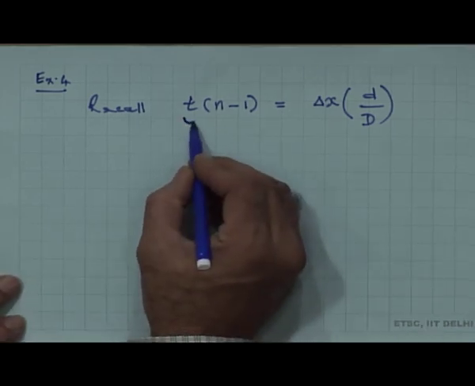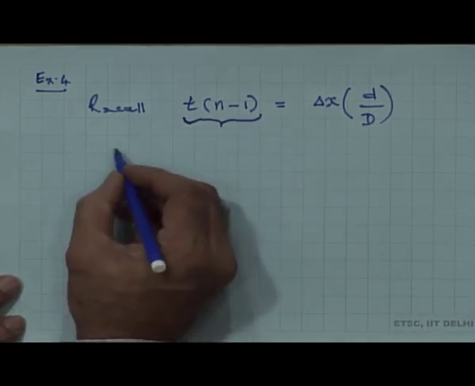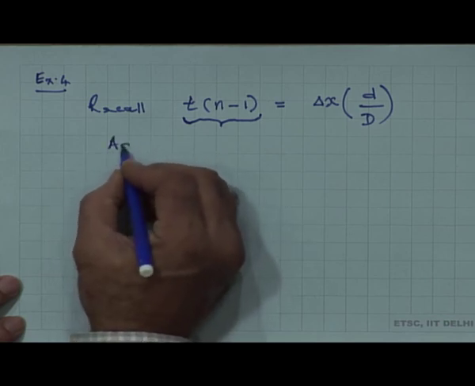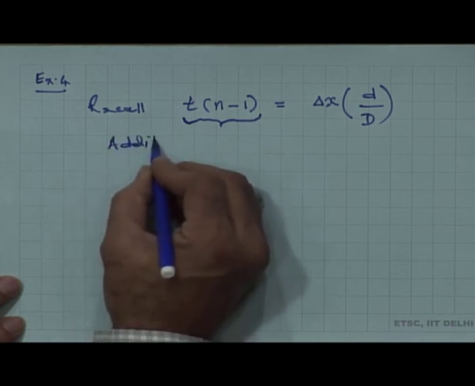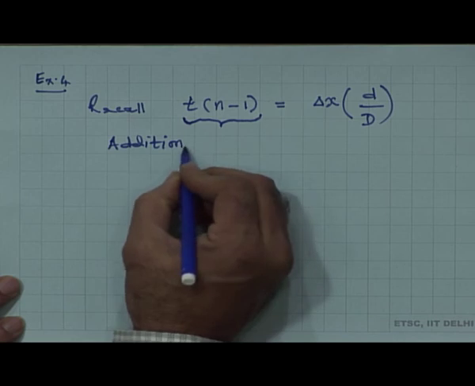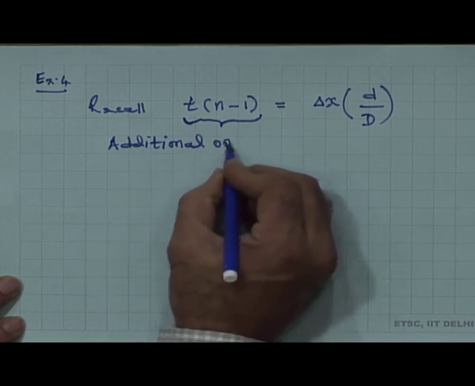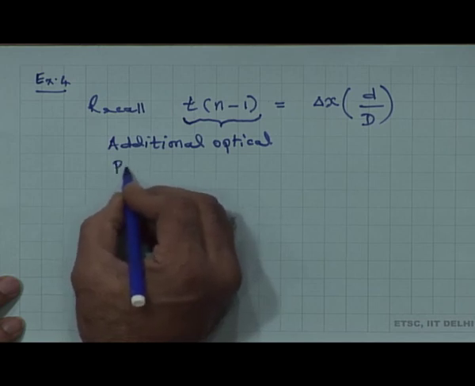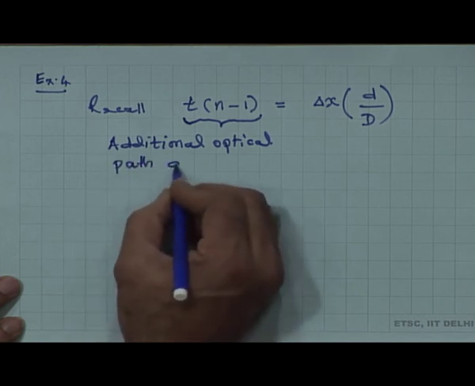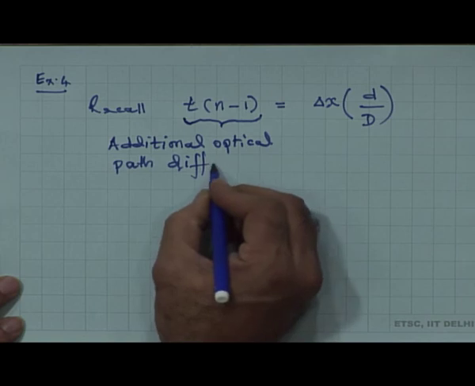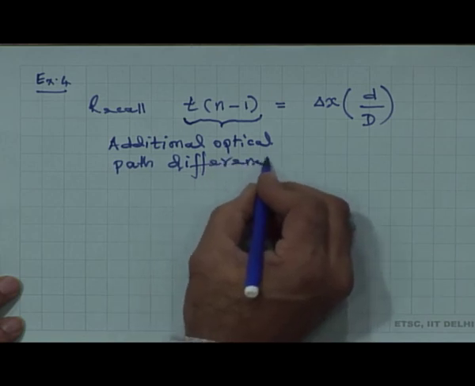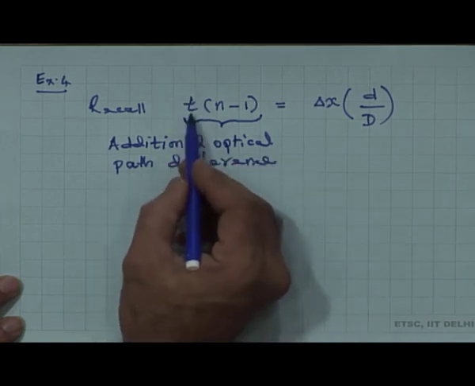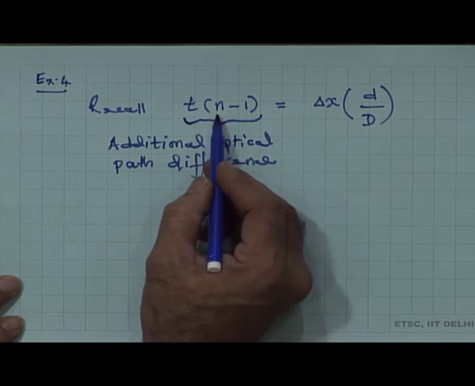Basically, this is the additional optical path difference, because the film has a thickness T and refractive index n.